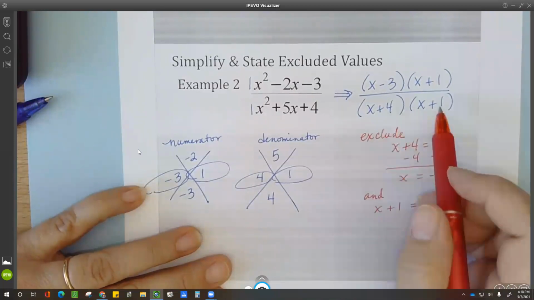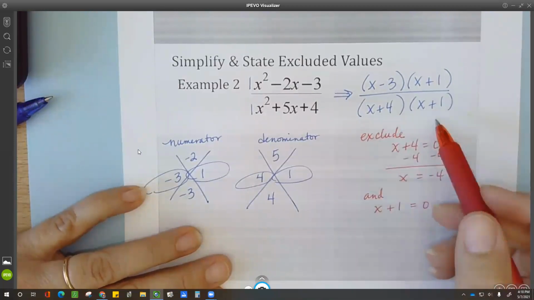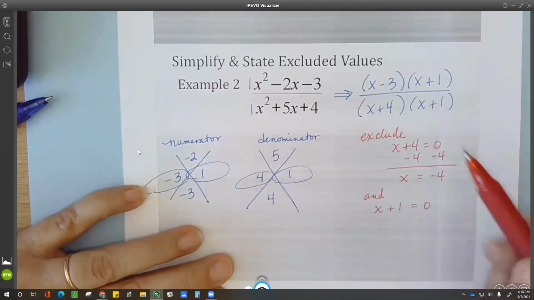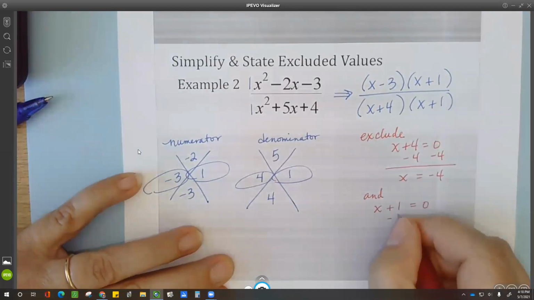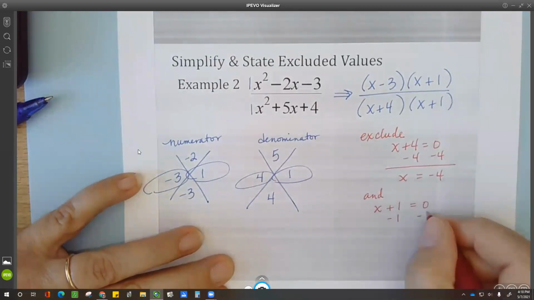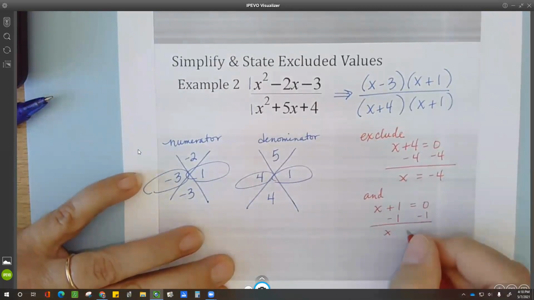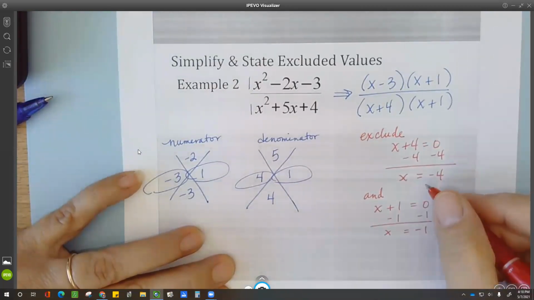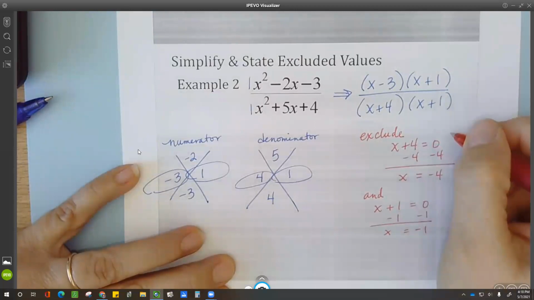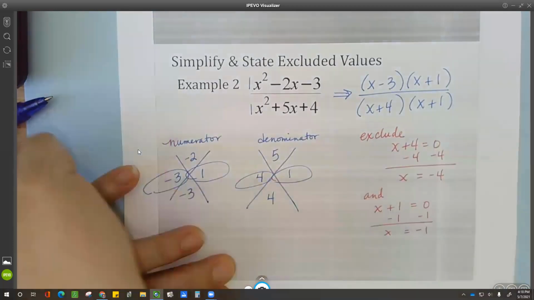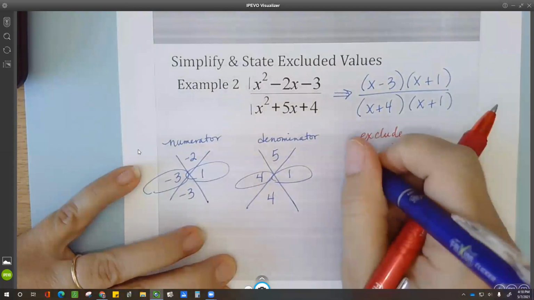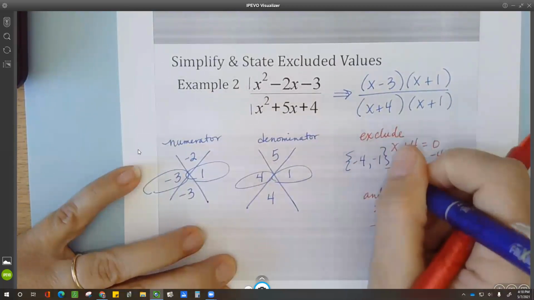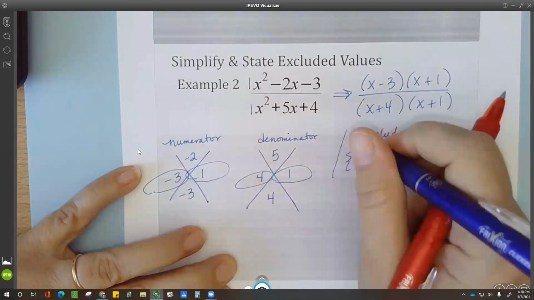So if either one of these factors were 0, then my denominator would be 0. And as I said, we can't divide by 0, so that's not allowed. So I solve these two very simple problems. I will exclude -4 and -1. Okay.